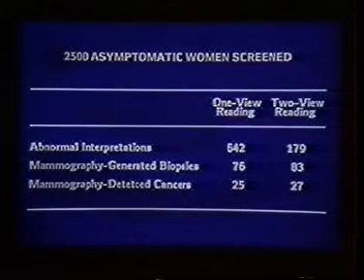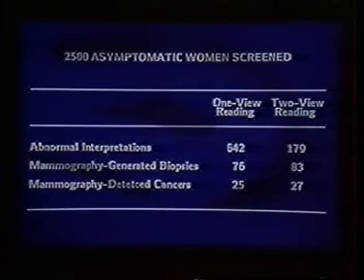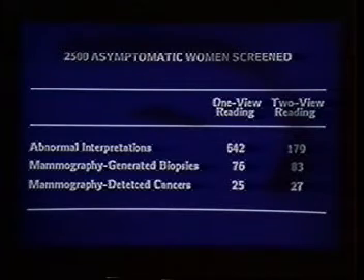With one view reading, we read 3.5 times as many abnormal cases as we did with the more standard two-view approach. 3.5 times more abnormals interpreted. Another way of looking at this is if you start out with a single view reading and then supplement it with the additional view, a lot of those abnormalities will be found to be inconsequential.